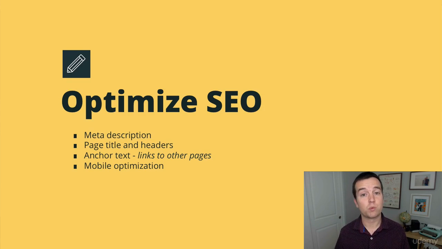Google and other search engines will see that people spend more time on your website, and that improves the SEO of your website and the ranking for whatever search terms you have on your site. So make sure that you build into your articles links to other articles and other pages to keep people on your site as long as possible.